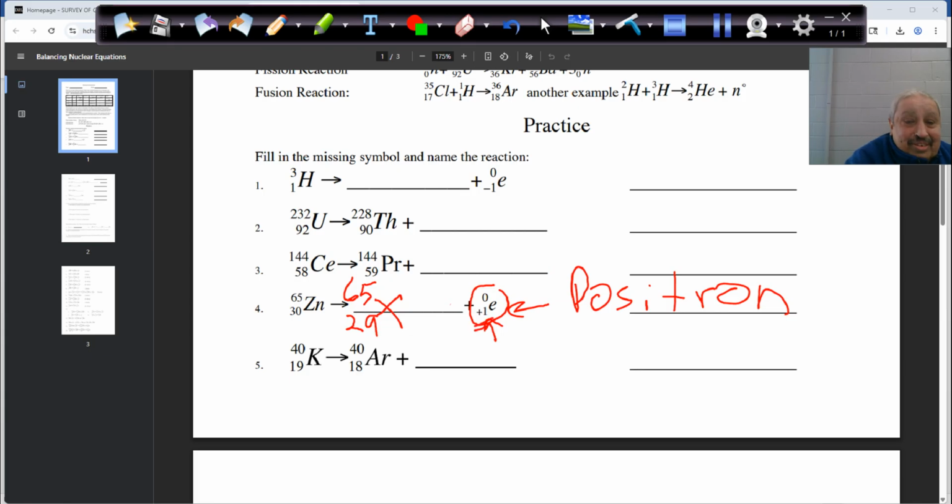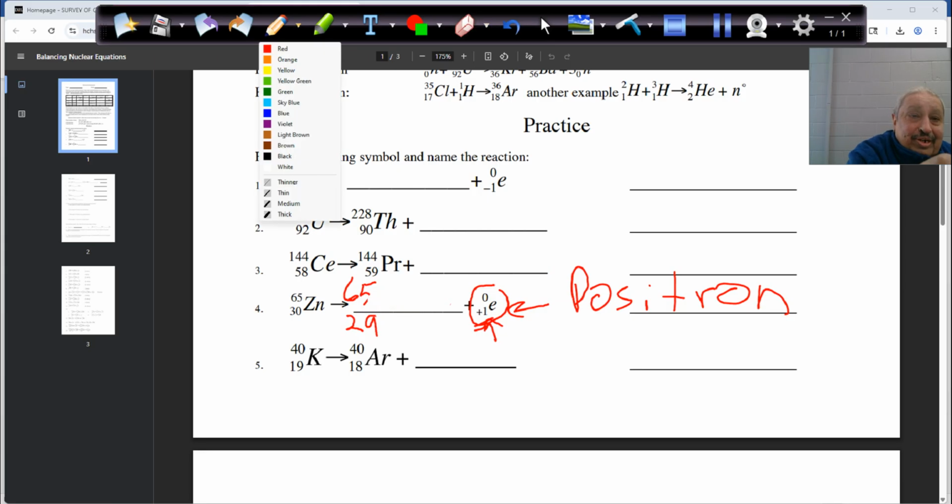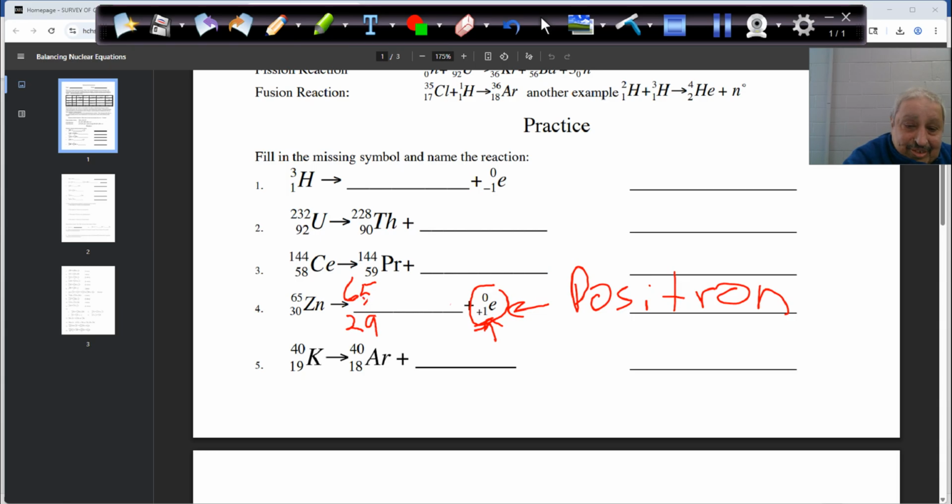What is the element with the atomic number 29? Copper, correct. So this is 65, and this is Cu. That's copper. Okay, guys?